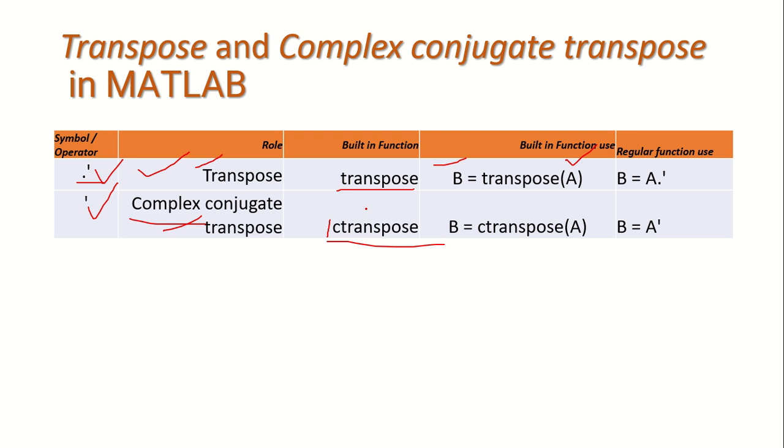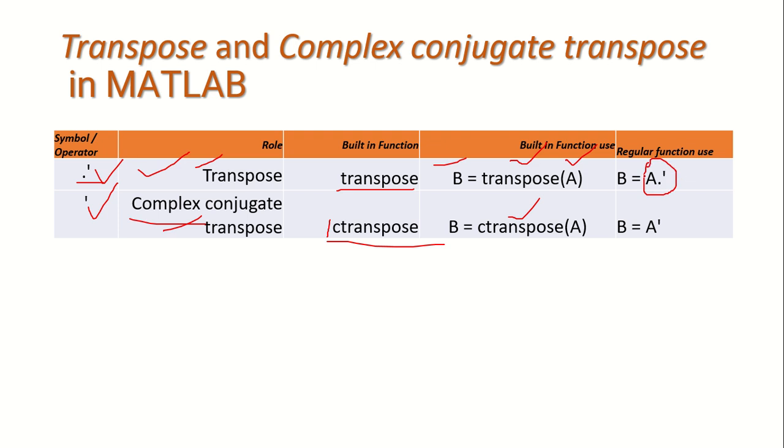And for the complex conjugate transpose, just the single straight quotation mark is enough. If you want to use the built-in function, we must use ctranspose. If we don't know transpose and ctranspose, the same operation will get performed by this type of operator.